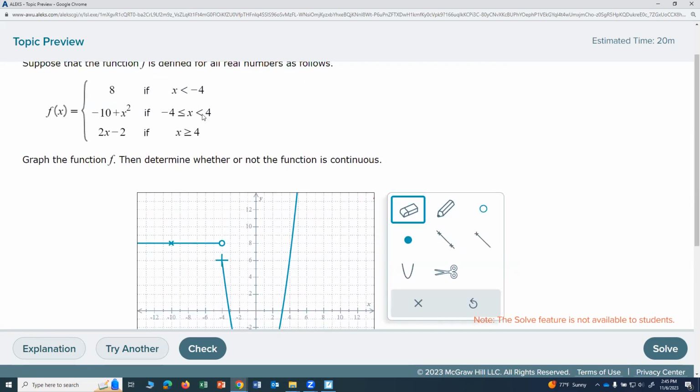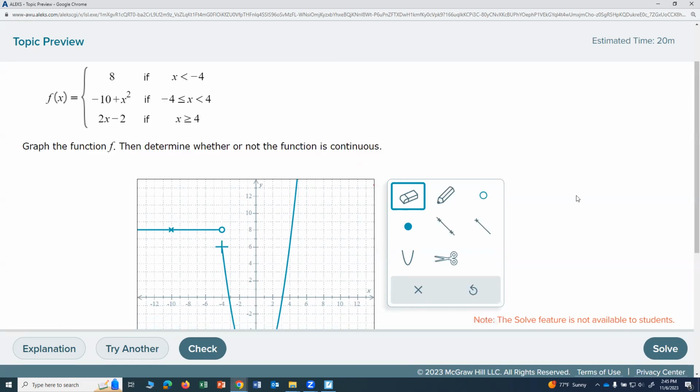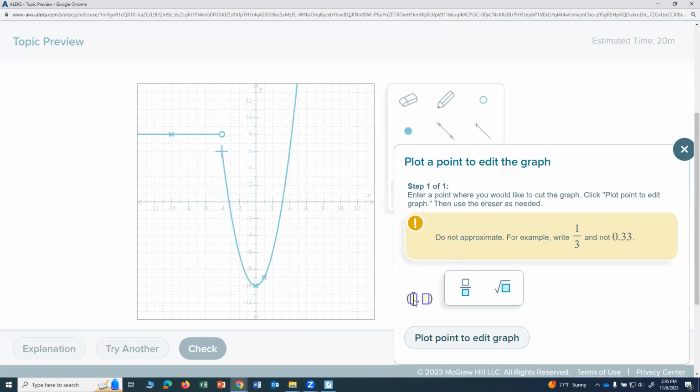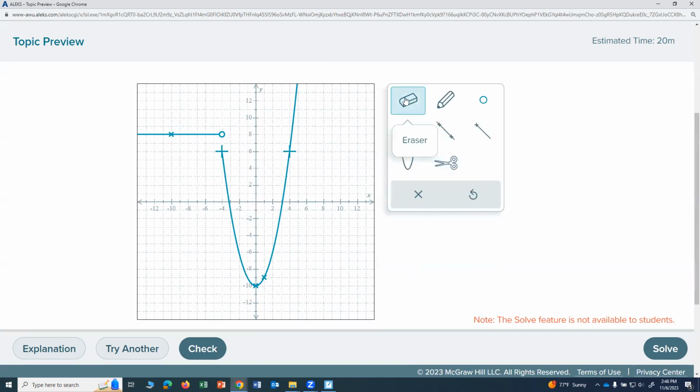All right, now the right endpoint, when x is positive 4, I would get negative 10 plus 16. I'm sorry, positive 4, positive 6, because 16 plus negative 10 is positive 6. So 4, 6, plot point to edit graph. Grab the eraser and erase the part of the parabola that's to the right of that endpoint.